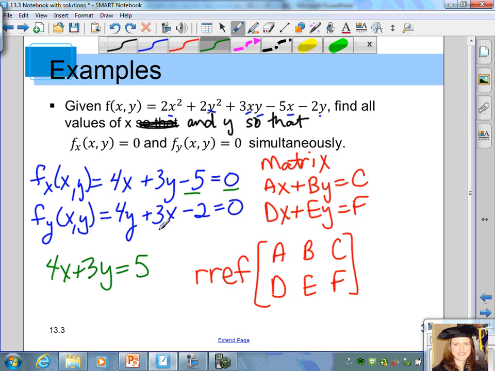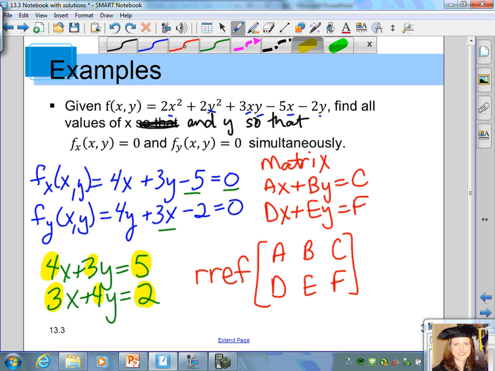And then the second equation, writing the x term first, I get 3x plus 4y equals, add 2 to both sides, and you get 2. So the matrix that you're going to use is simply the numbers that are in front of the x and y and the numbers that are on the other side of the equal sign.